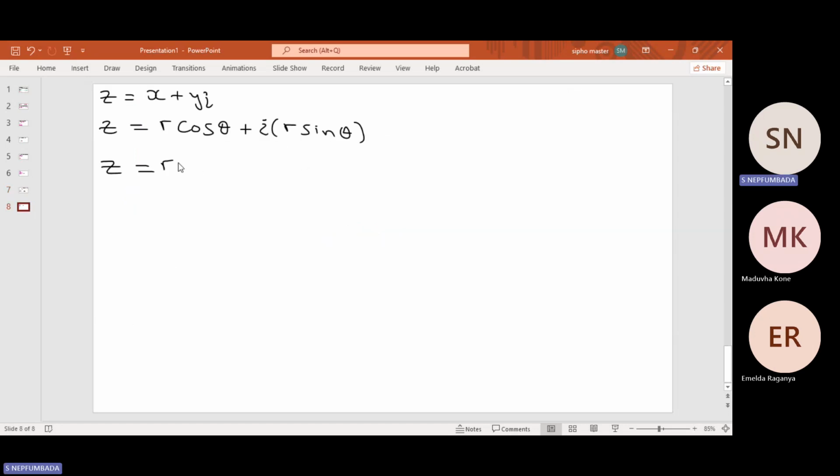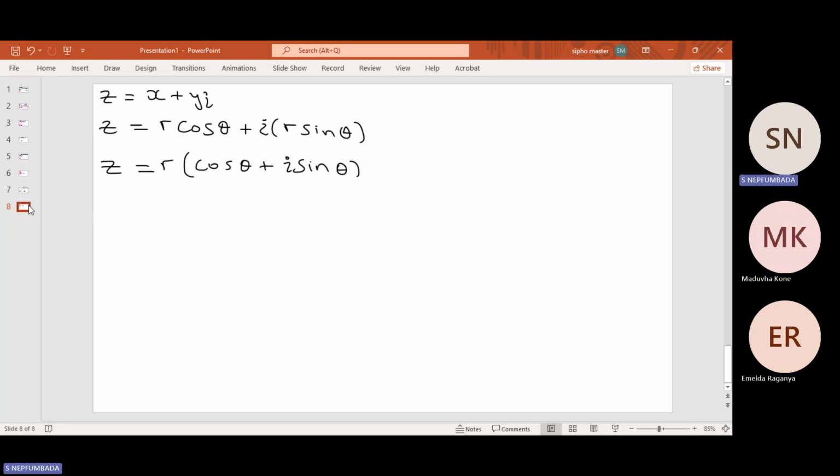If we take r outside, we have r times cos theta plus i sine theta. This is what we call the polar form of a complex number. Are we fine? Yes.